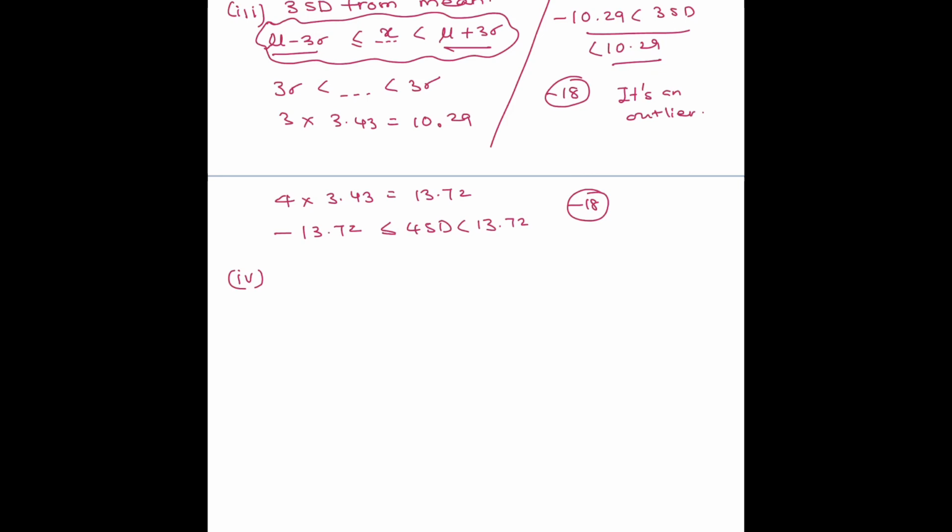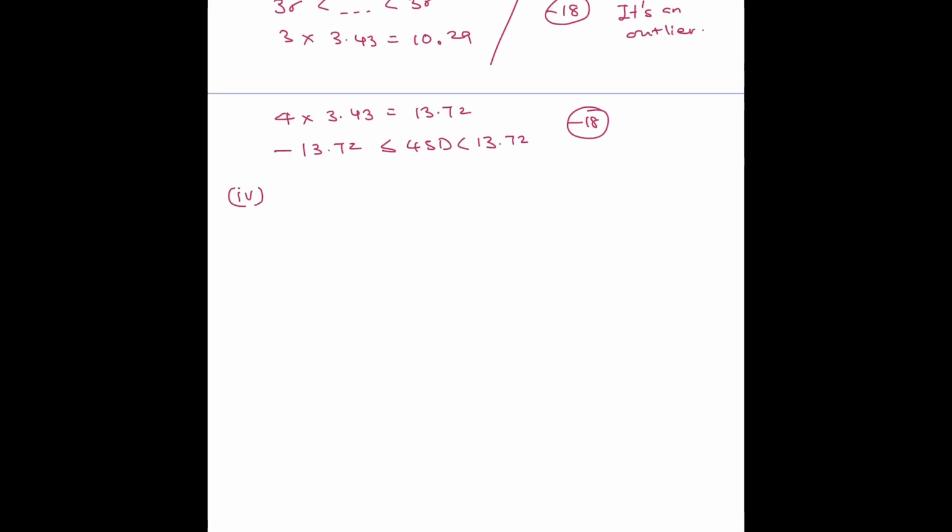Calculate the new mean to 4 significant figures and standard deviation of the lengths in millimeters with the negative 18 value removed. Now sum of x new. Original was negative 85, and negative 18 was included in this. Because we had added a negative 18, to remove it we have to add positive 18, the negative of negative 18.